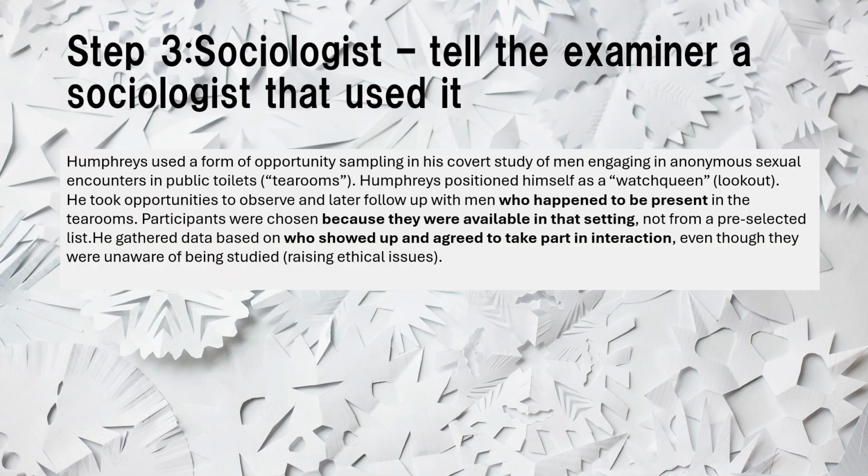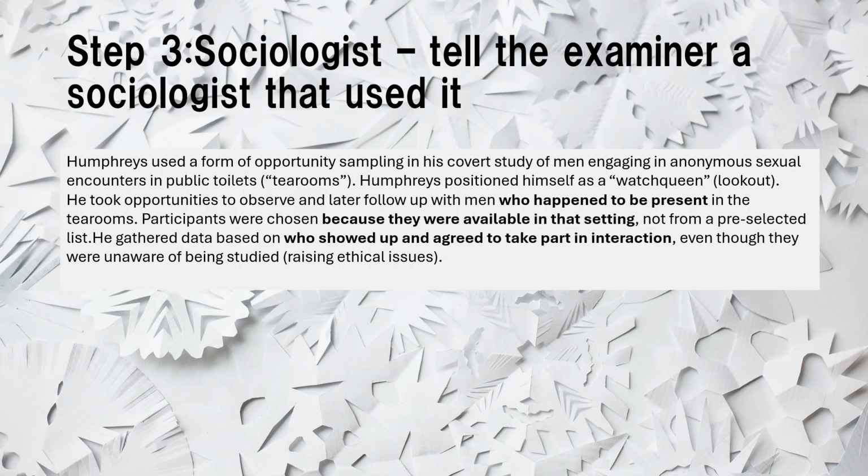So there are some ethical issues. And we may get a bit of analysis marks for raising ethical issues here, but we're not going to unpack that just yet. We don't need to, we're just looking at describing the opportunity sampling, and we've done that really well with a good example.